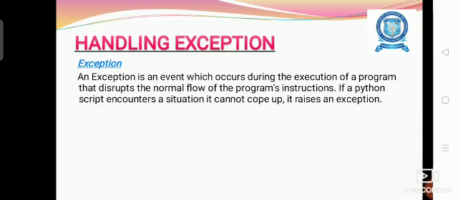So we can avoid the runtime error by handling the exception. In Python there is the possibility of providing exception handling mechanisms so that we can avoid the runtime error.